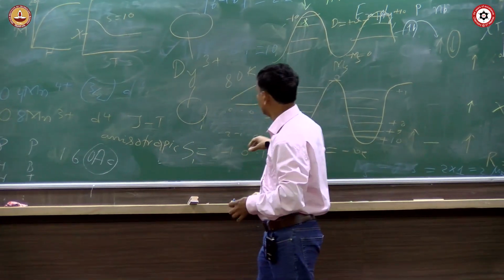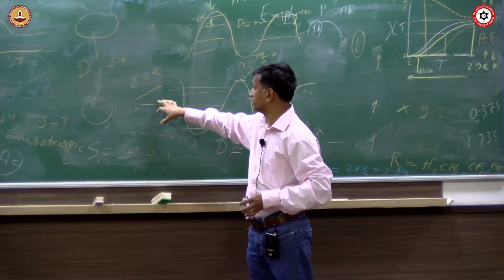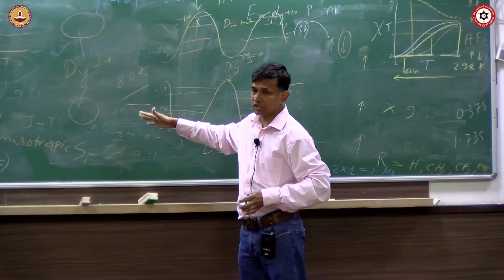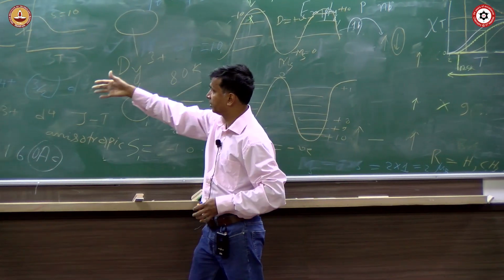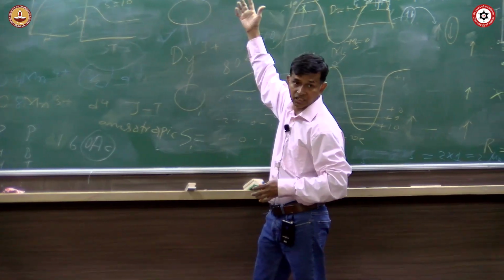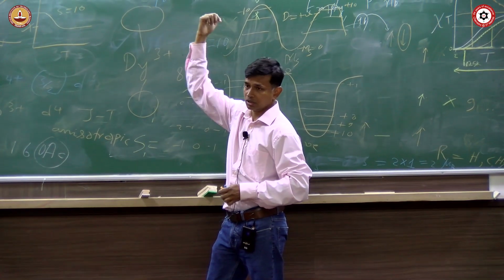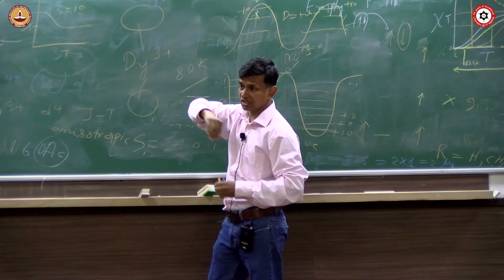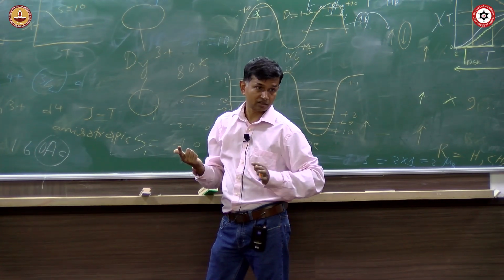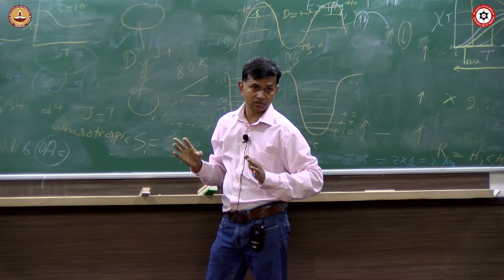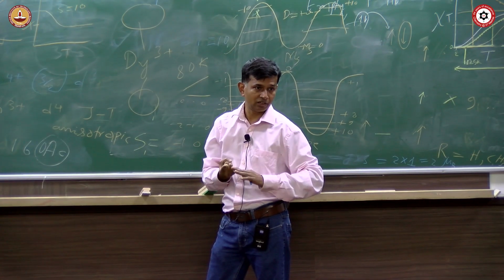So for nearly 30, 35 years, it was nearly below 10 Kelvin. Now this similar property was found. Instead of S here, they have actually J labels. This J labels. J means Russell-Saunders coupling, L and S coupling. You know that L and S, the term symbol you have studied, right?